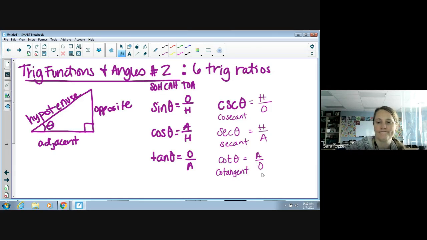Okay. So if you know sine, cosine, and tangent, you would know cosecant, secant, and cotangent.